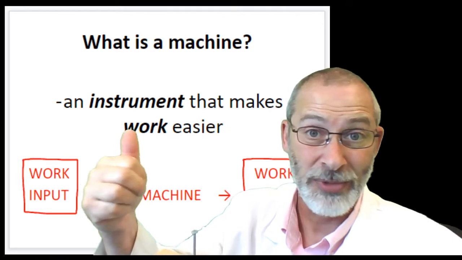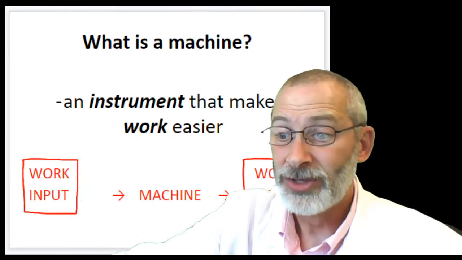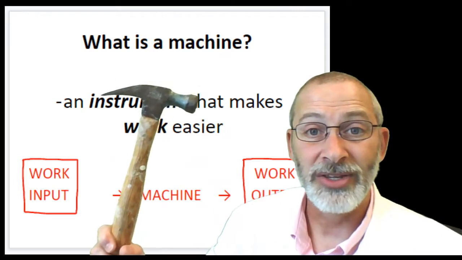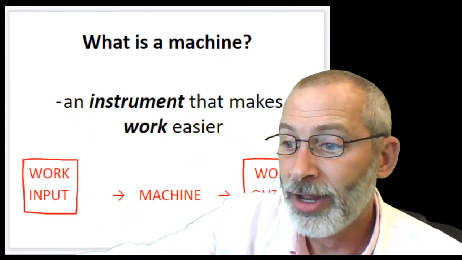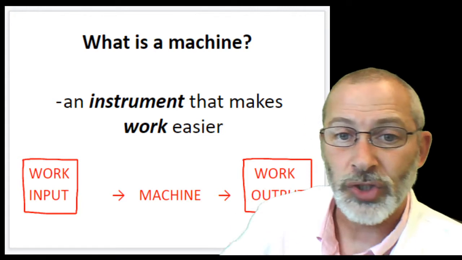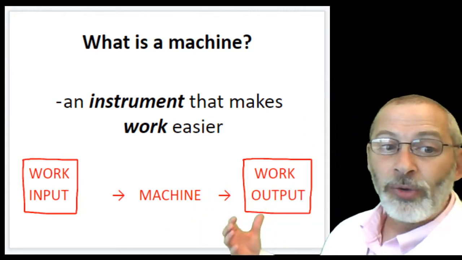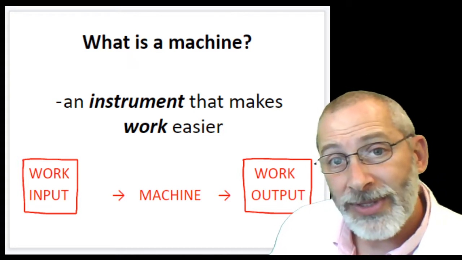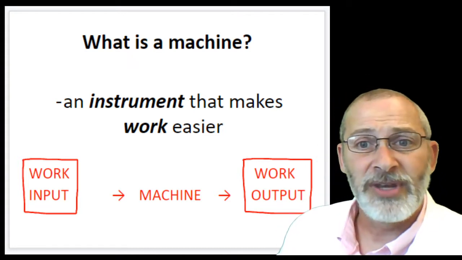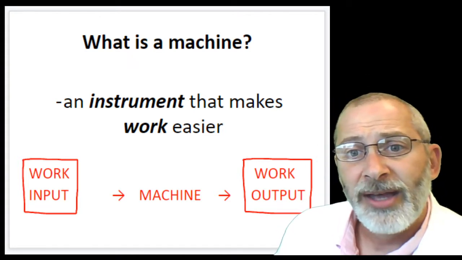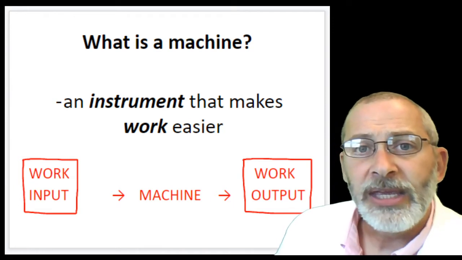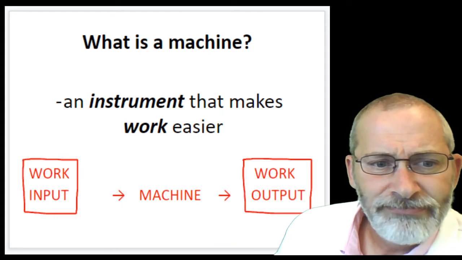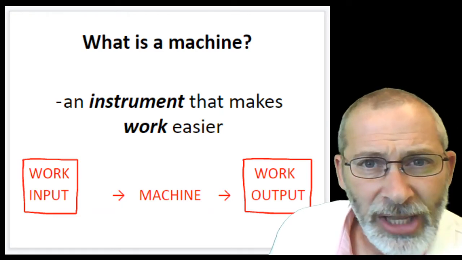Initially, I tried to use my finger, didn't work too well. So what did I use? I used a machine. A machine can be as simple as a hammer in order to get a certain amount of work out of a system. So that's the basic premise, the basic idea, the basic definition of a machine: to make work easier. But there are limits to this.